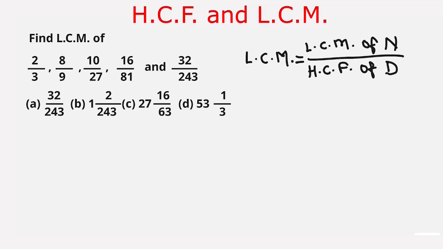Therefore the H.C.F of the denominator is 3, and in the options all the denominators are not 3 except option D. It means that our answer is option D, 53 whole and 1 upon 3. So this must be our answer.